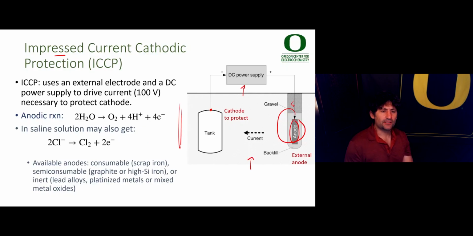And you drive an anodic reaction, either making oxygen or making Cl2 over here, and that drives a cathodic reaction on the tank. And for an anode, you can use consumables like scrap iron, or graphite, or inert lead alloys, or platinized metals, or mixed oxide, pretty much anything that can drive a reliable anodic reaction so that you can drive cathodic current through your tank, keep it at a negative potential so it doesn't rust.